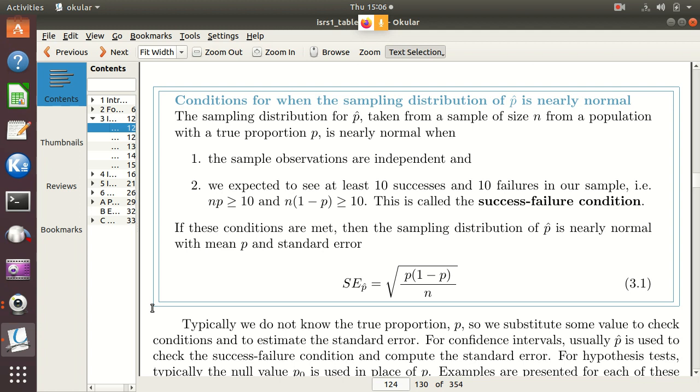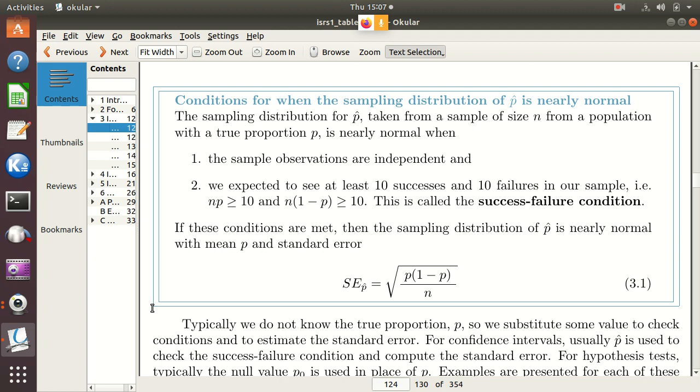When they say, well, when can you use the type of stuff we're doing in chapter 3, they say, well, if when you look at your proportions in your data, you can take your sample size times the proportion of successes and get at least 10, or your sample size times your number of failures, because really it's symmetric.